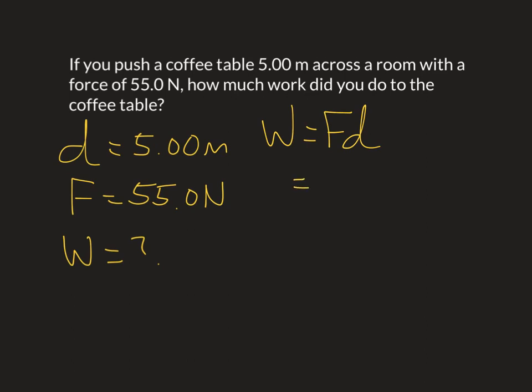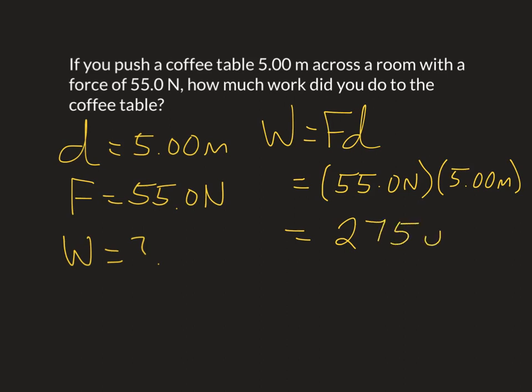So I'm just going to plug my numbers in. My force was 55.0 newtons. My distance was 5.00 meters. When I multiply those two things together, sorry, I'm just looking at my notes, and my notes are wrong. I get 275 joules.